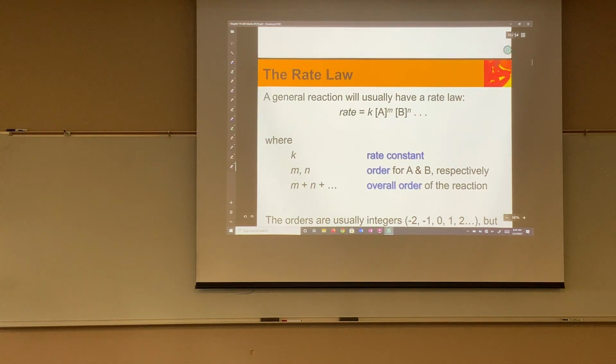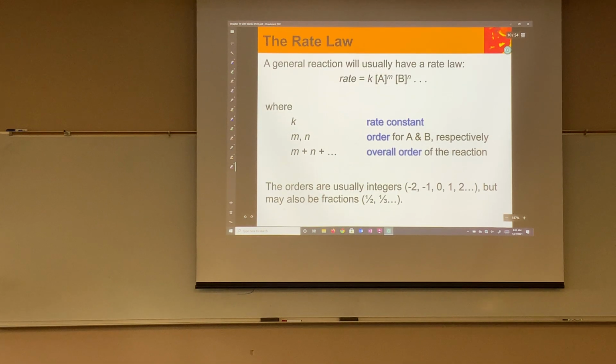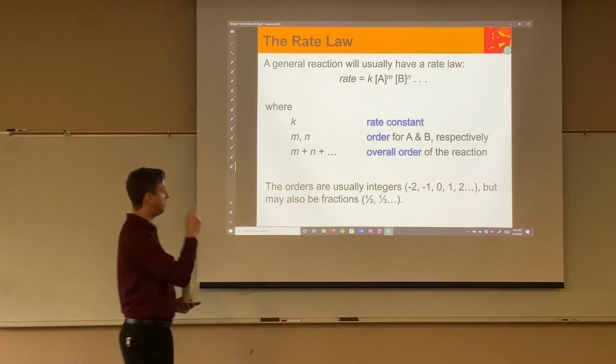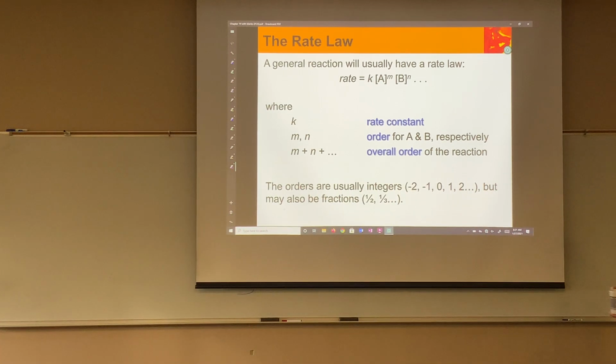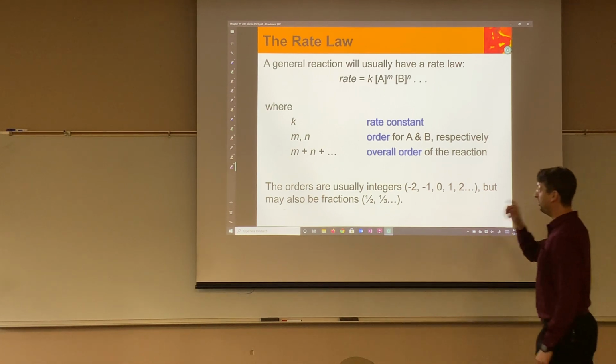So, let's see what else we can learn about this. For a general reaction, we'll use the rate law. There's a breakdown of what k is, and then we'll see these exponents. We'll spend a little bit of time today figuring out how to calculate those exponents, m and n up there.